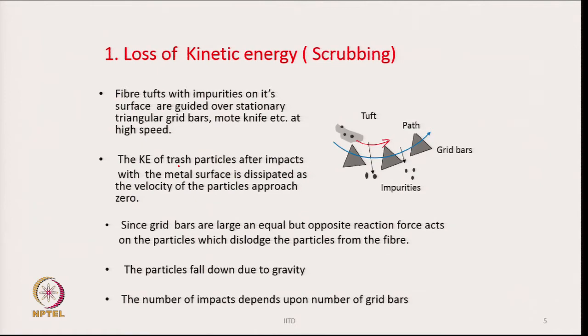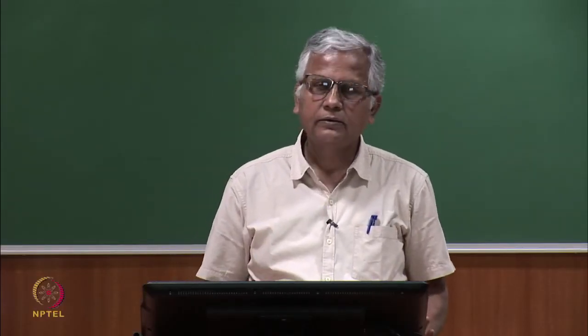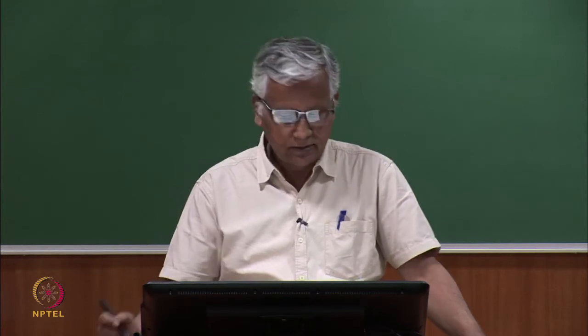The particles will mostly fall down due to gravity as shown here. They will escape through these grid bars. So, the number of impacts depends upon the number of grid bars that we keep in their path. If we have more grid bars, there will be more impacts. This action is also known as scrubbing action, but the mechanism which is active here is basically a loss of kinetic energy or an impulse.